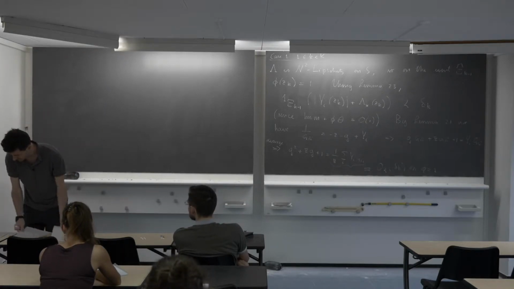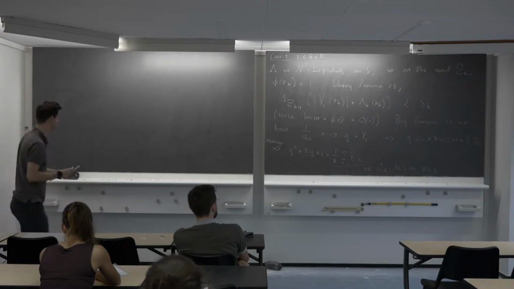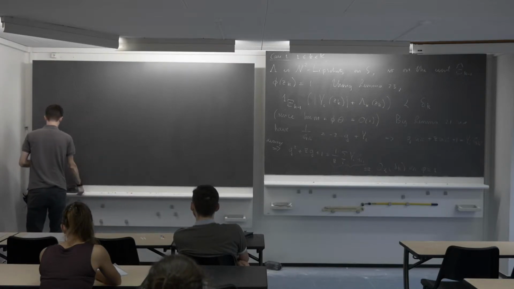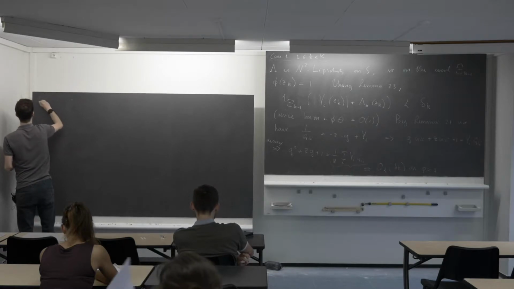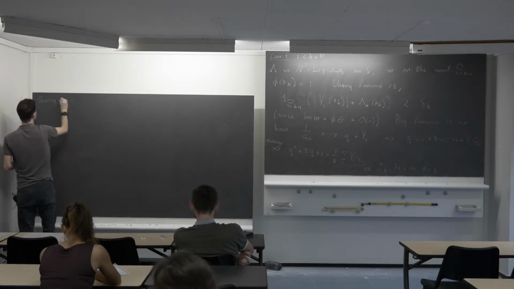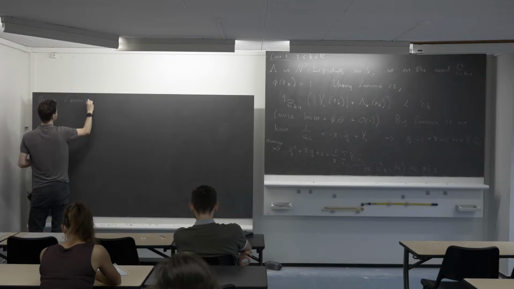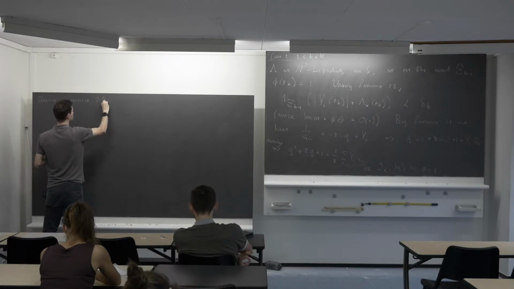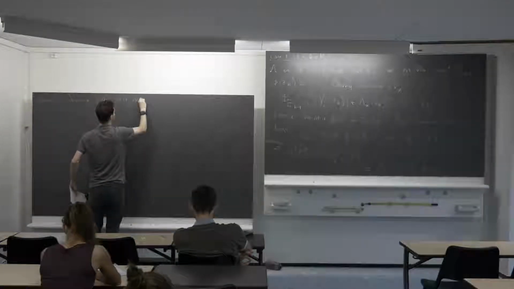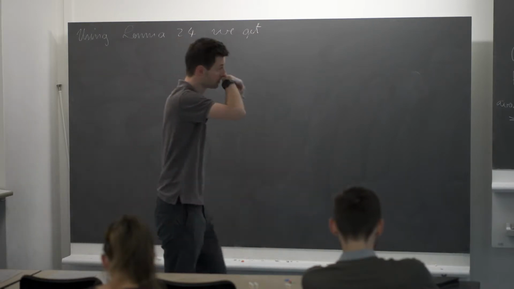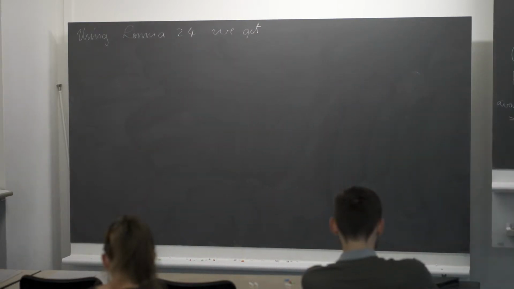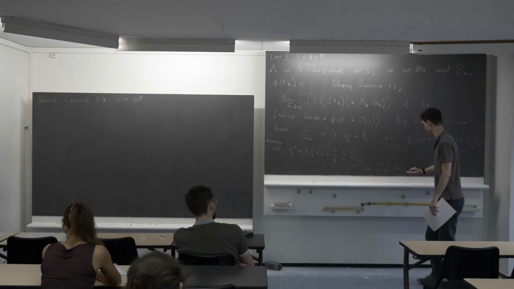So let me summarize that, using lemma 24. I want to get statements with very high probability, so I have to unpack the definition of this thing.